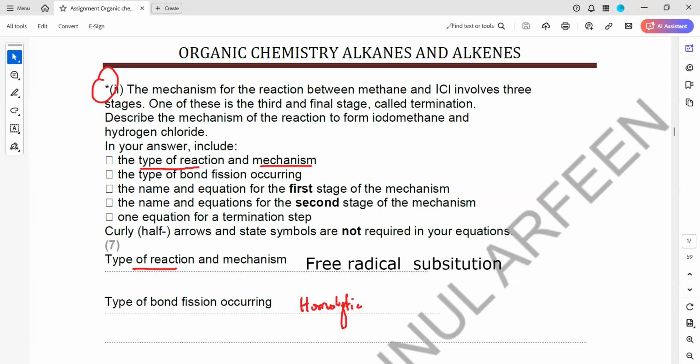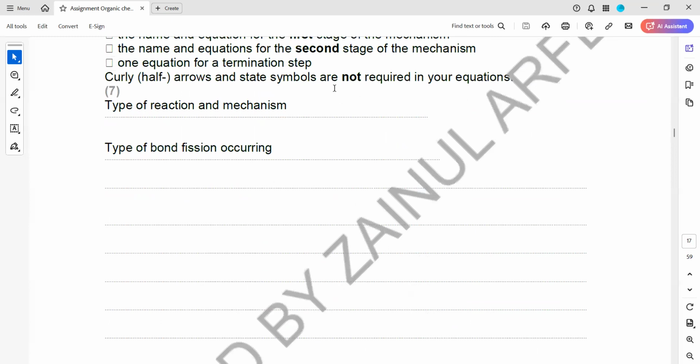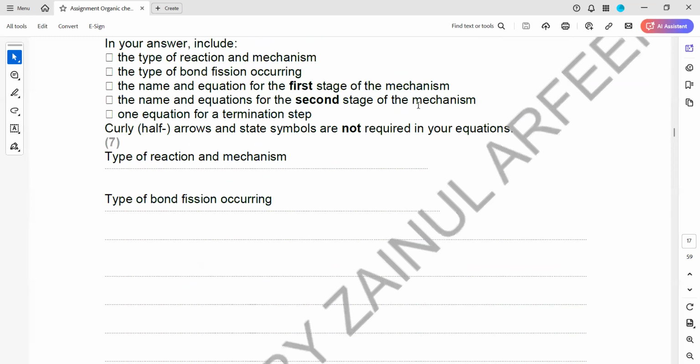So the first stage produces a free radical. We have to include all of these points when we are writing the answer. So name and then the equation for the first stage.